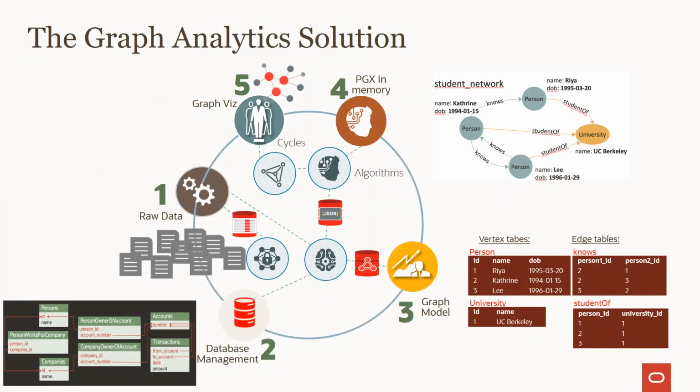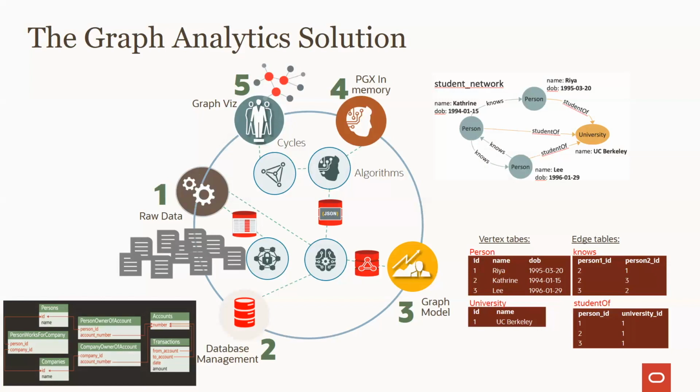Once we make sure the relational database is all set, we then try to create a graph model out of it. When we say graph model, it is the process of generating vertex tables and edge tables, which lets the organization derive relationships based on the data that resides in the autonomous database.